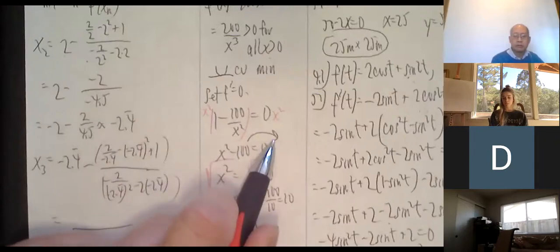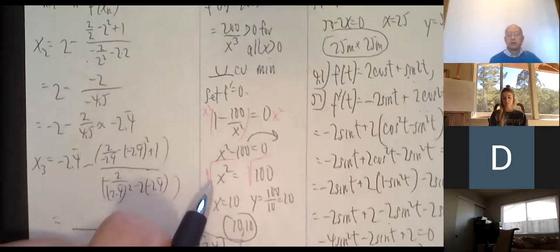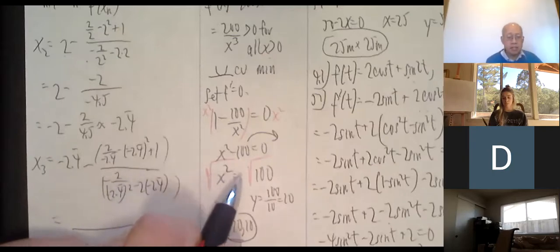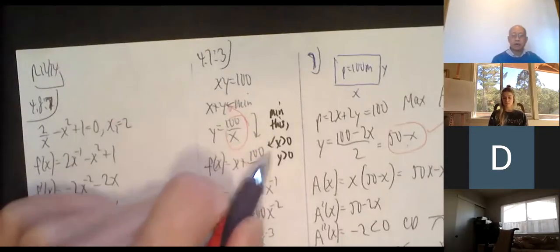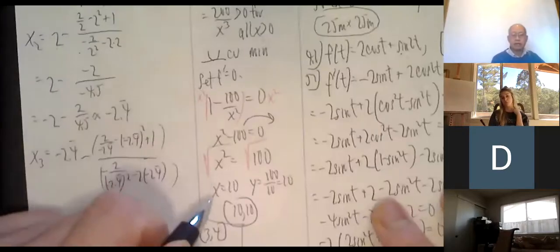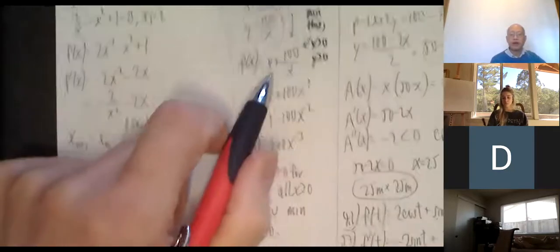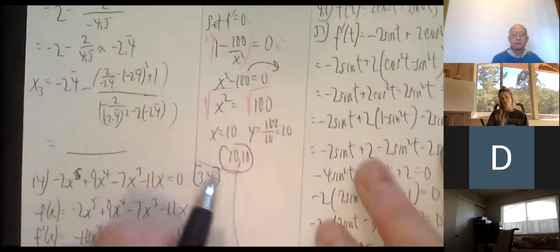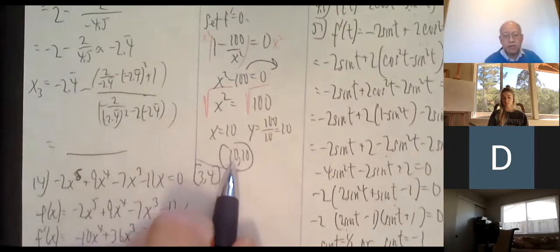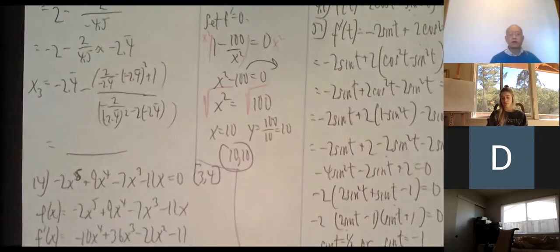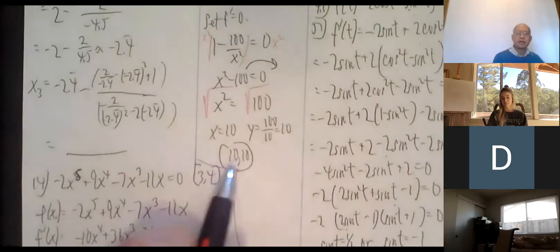Add 100, take the square root. Normally, I would say x is plus or minus 10. They already told us that x and y are positive, so I want x equals 10. And y is 100 divided by x, so 100 divided by 10 is also 10. So my final answer is 10 and 10. So what are the two numbers? 10 and 10.